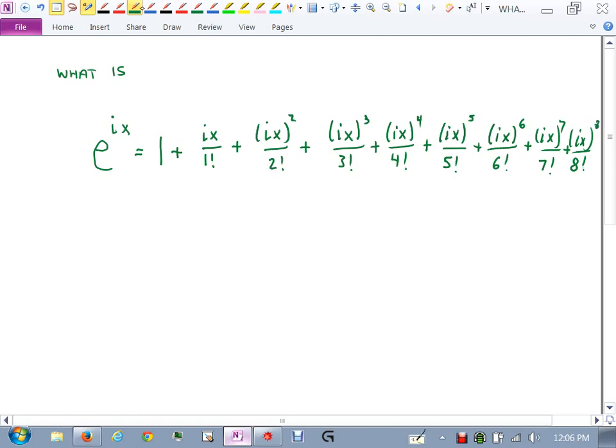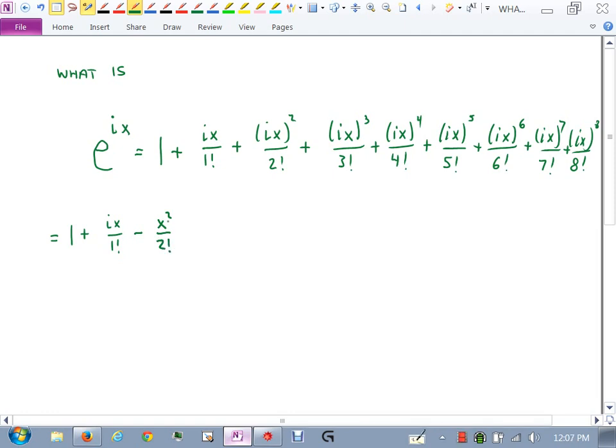According to the power series representation of e to a power, that's what it should be, right? Let's do some stuff to this. This is 1 plus ix over 1 factorial. Now let's actually square this. What happens if you square i? You get -1, don't you? And that's just going to be x squared. So isn't this just minus x squared over 2 factorial?